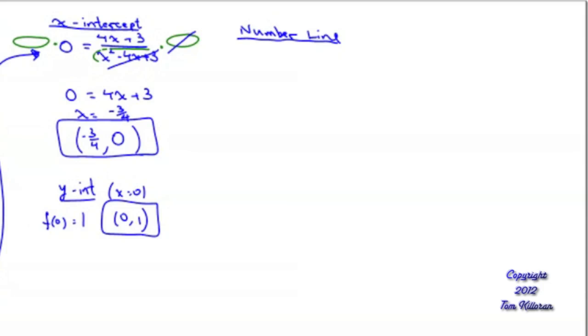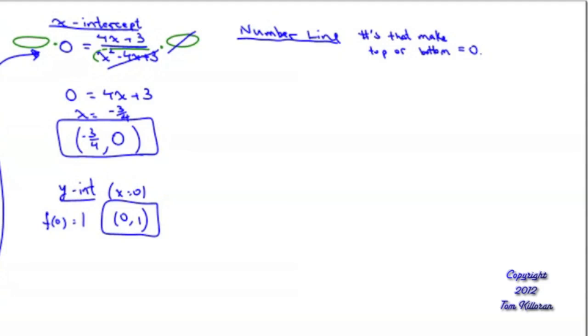So the number line thing is the numbers you're going to put on it. They're not necessarily zeros of the function. They're values that make it 0 on the top or the bottom. Even though the bottom can't equal 0, we'll call them critical values.